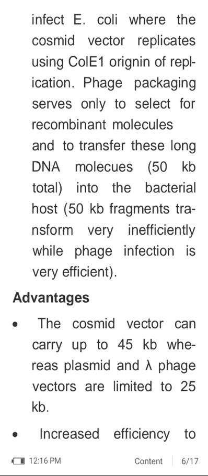Then phage packaging. Phage packaging serves only to select for recombinant molecules and to transfer these long DNA molecules, 50 kb total, into the bacterial host. 50 kb fragments transform very inefficiently, while phage infection is very efficient. An advantage: the cosmid vector can carry up to 45 kb, whereas plasmid and lambda phage vectors are limited to 25 kb.